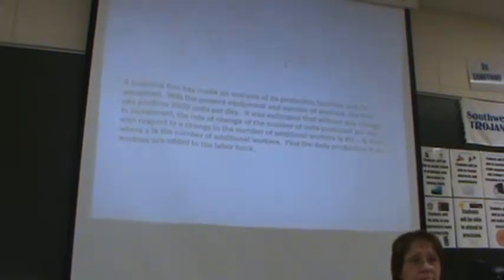Take a stab. Talk to the person next to you. See if you can find the words in here that are going to be our clue. This is rate of change with respect to this equation. Then x is an additional number, so that means that 0 is 3,000, and then 25 is what we're trying to find. Okay, did you find any words that are going to tip us off?